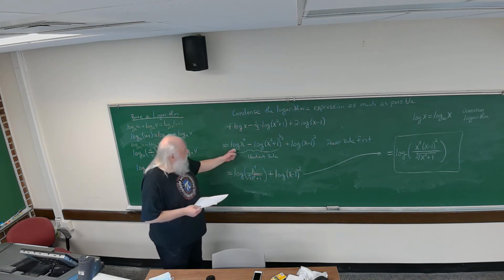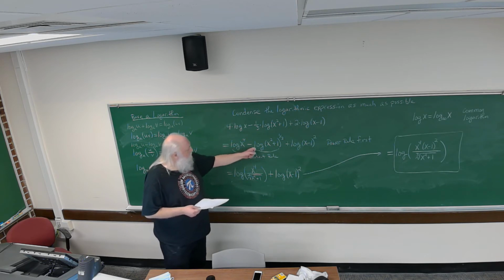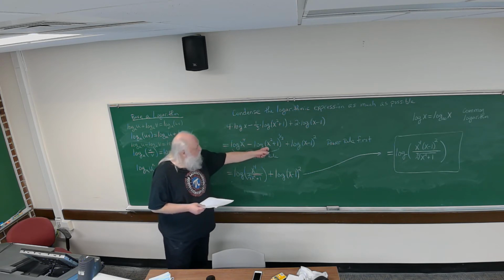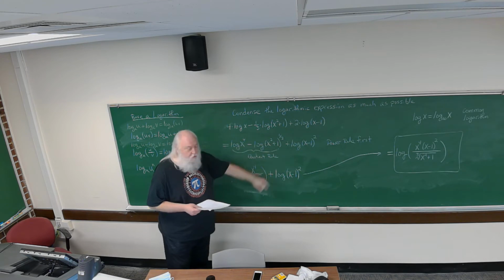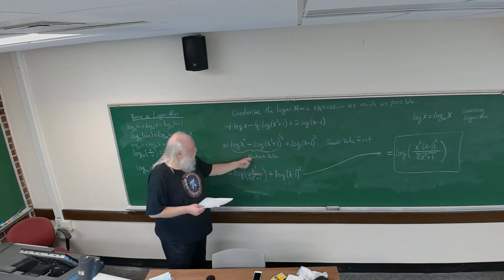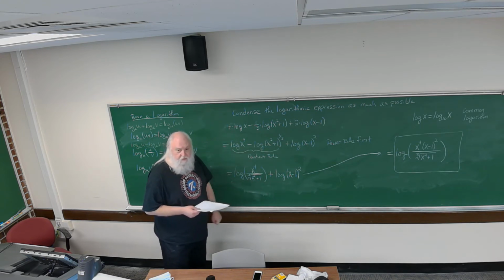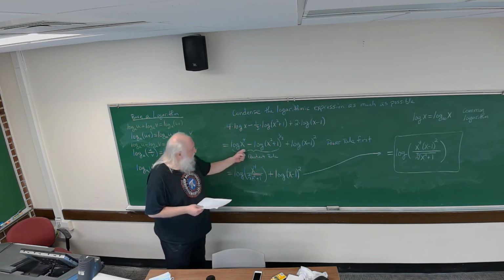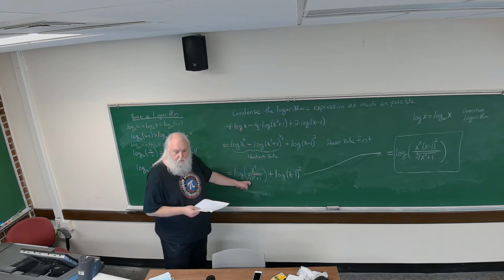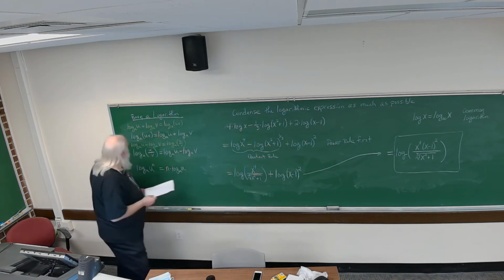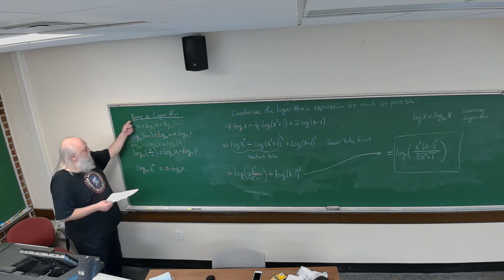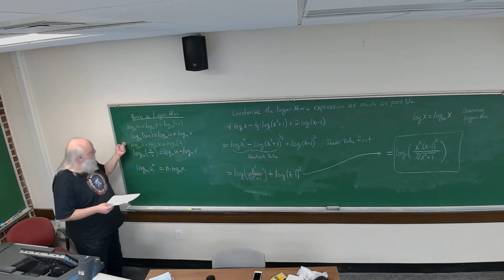And so the first 2 terms here, we have log x to the 4th minus log of x squared plus 1 to the 1/3 power. And so we can apply the quotient rule to this difference in 2 logs and condense this difference into 1 logarithm. And over here we have the rules of logarithms written out.